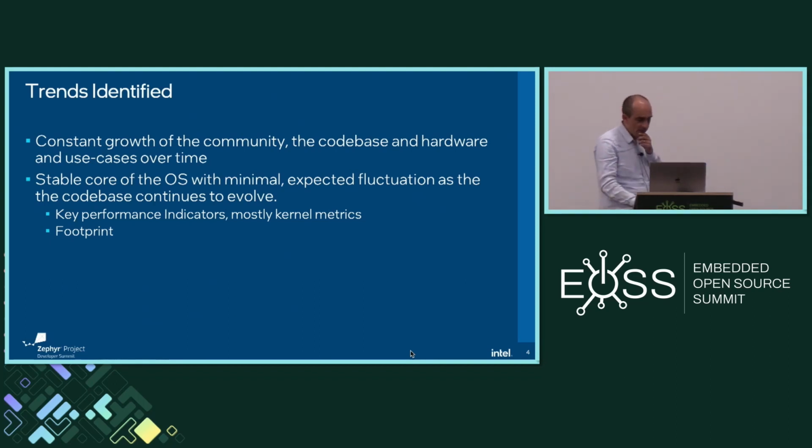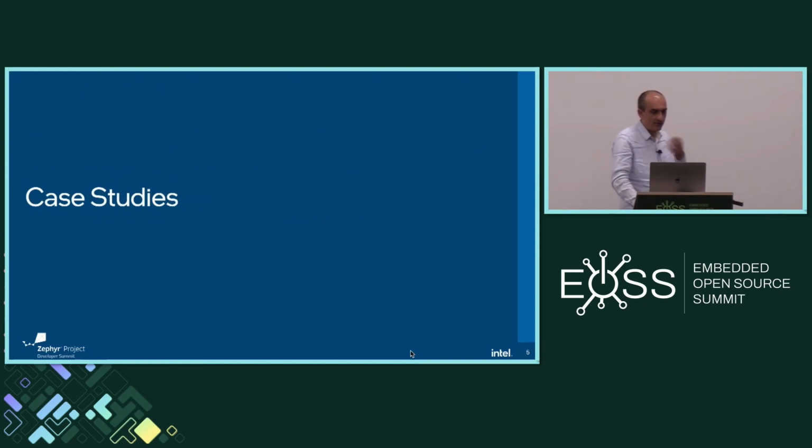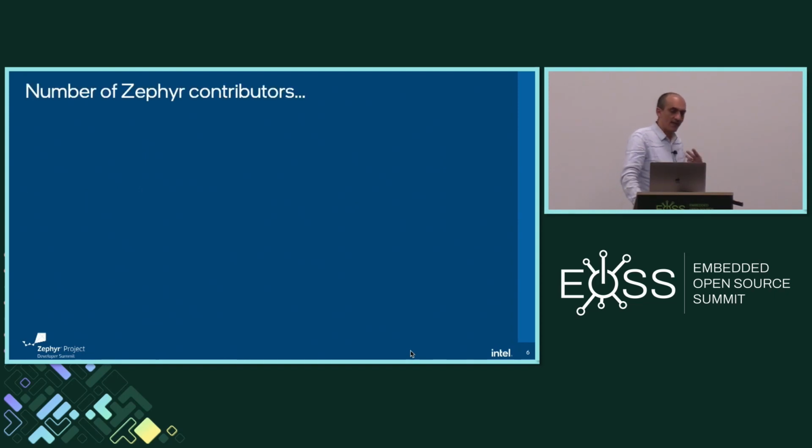So let's start with a few case studies and examples of data that we have been tracking. The first one is a little bit social, but it's a very important metric in my opinion, and depending where you are looking, you get different numbers.